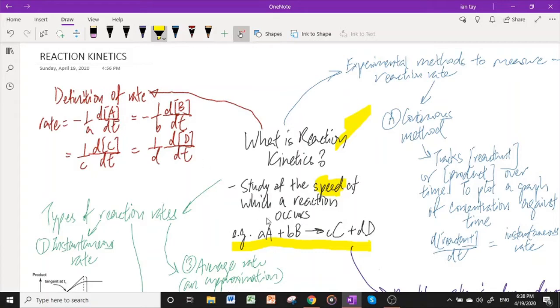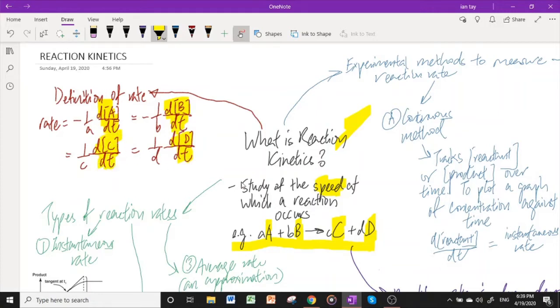we can define it based on any one of these quantities: the change in concentration of A with respect to time, the change in concentration of B with respect to time, the change in concentration of C with respect to time, and the change in concentration of D with respect to time, which are basically these derivatives over here. However, we need a unified definition of rate.